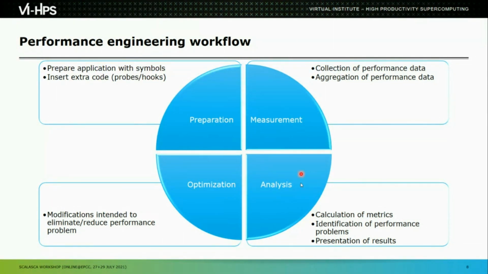If you haven't changed the code, you can just do additional measurements, but if you're modifying the code, of course, you will have to rebuild it and prepare that new version for the next set of measurements. So this will be an iterative process that may require multiple cycles, and it certainly is something that you will return to in the course of application development.